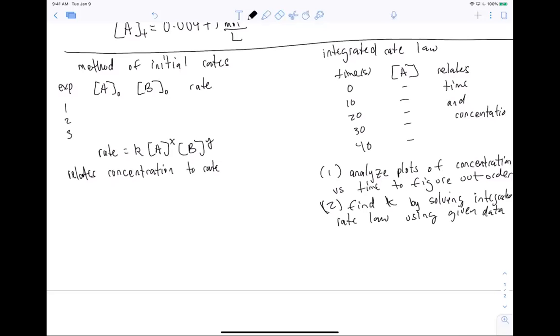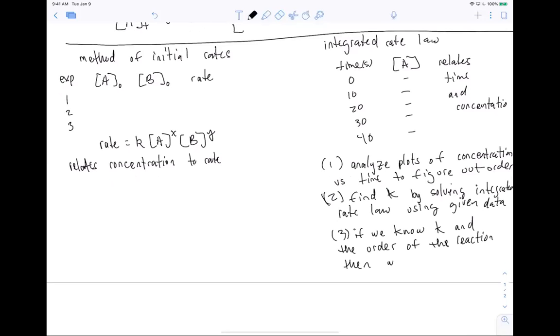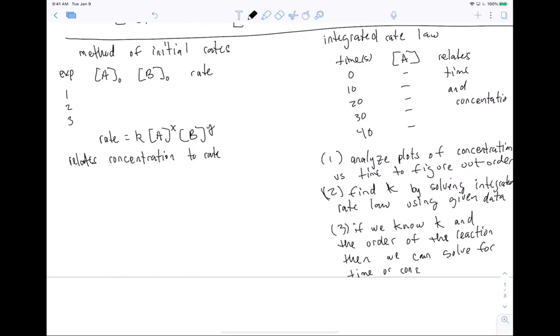And then if we know K and the order of the reaction, then we can solve for time or concentration using the integrated rate law. And that's most of the scenarios you end up seeing for the integrated rate law.